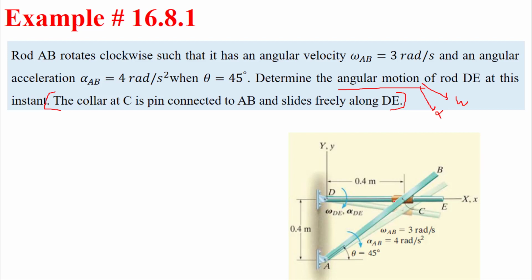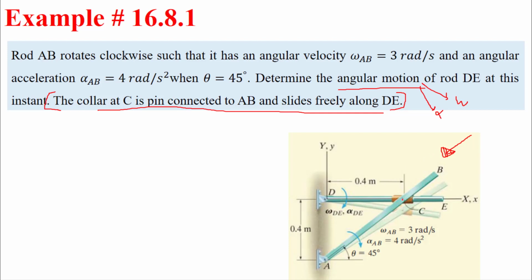So usually we will not give this information, so you should make sure that you understand. This type of problem, this mechanism, is one of the mechanisms where the Coriolis component will appear.